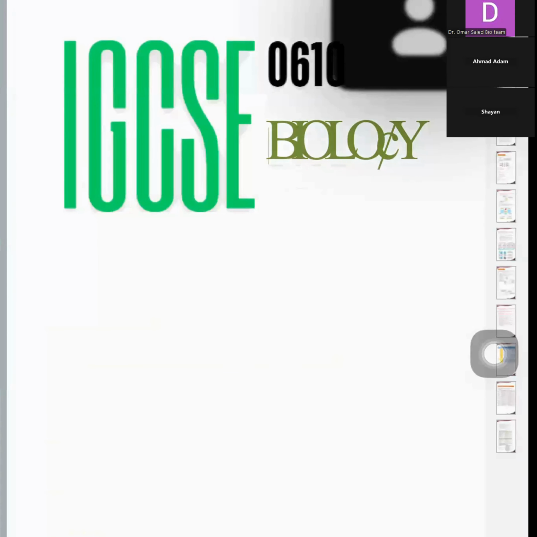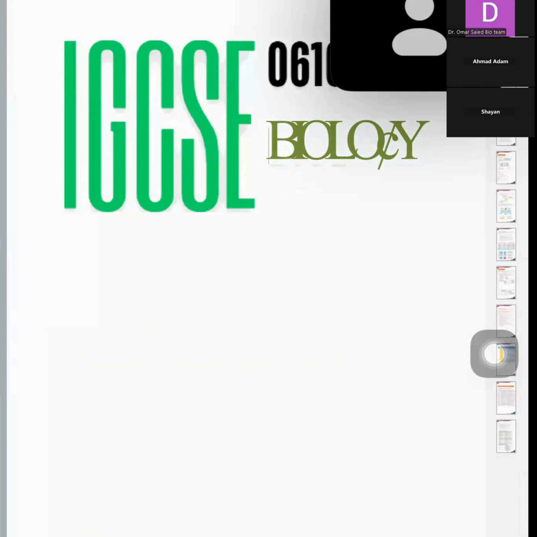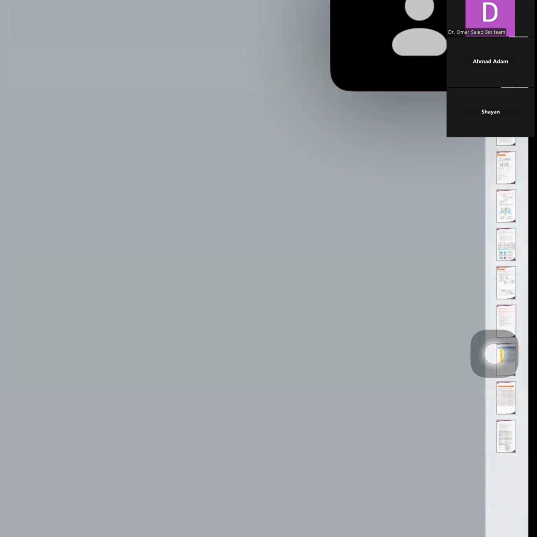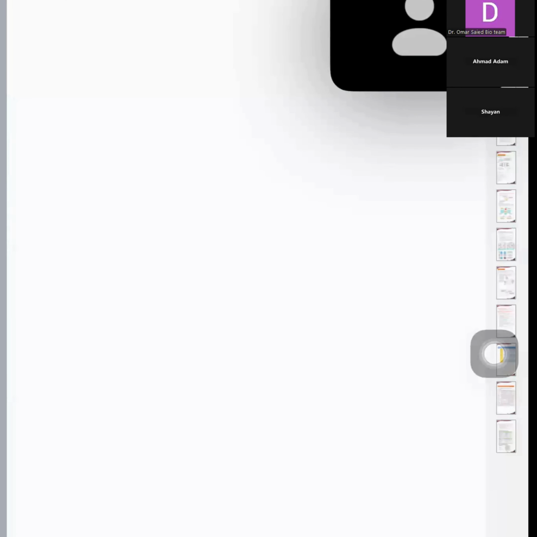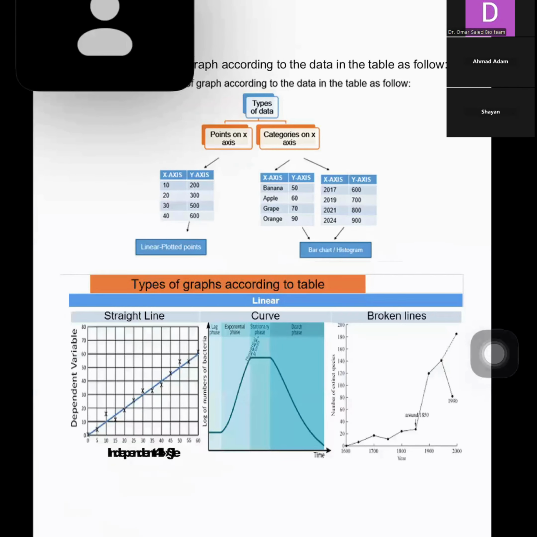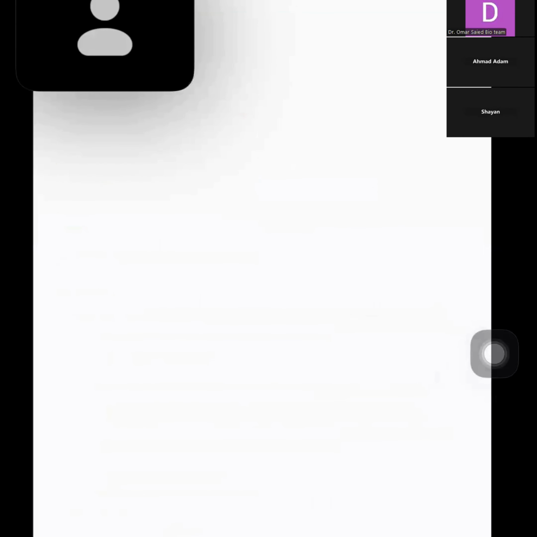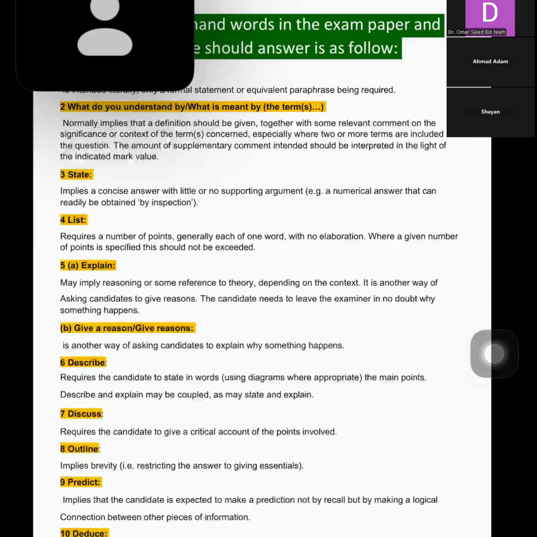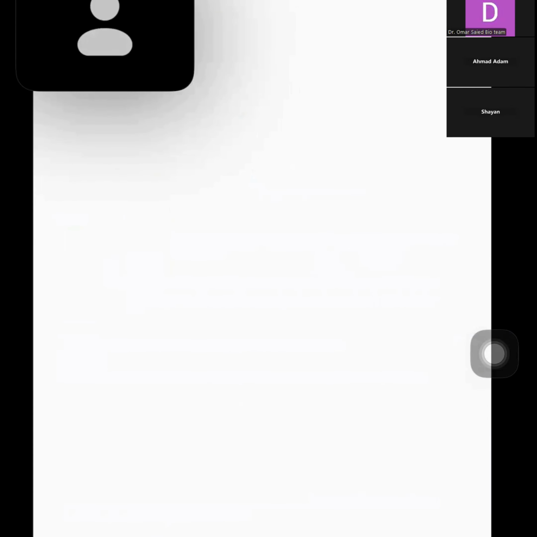These are some tips and tricks to solve paper 6 and everything related to it, inshallah. What about paper 6 and how to solve it? Let's start. Bismillah ar-Rahman ar-Rahim.